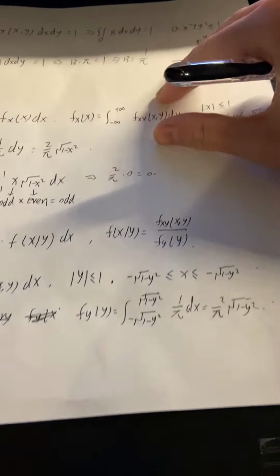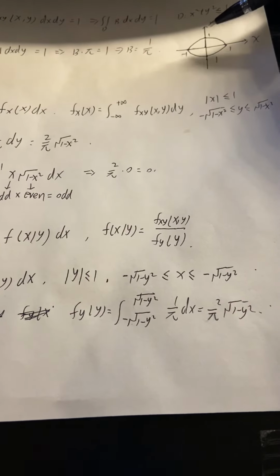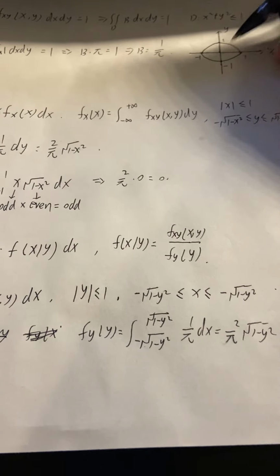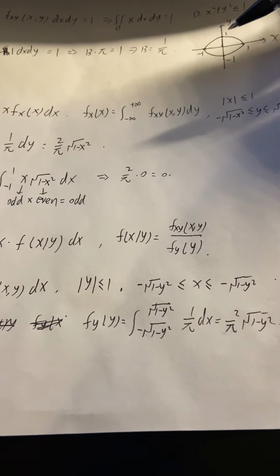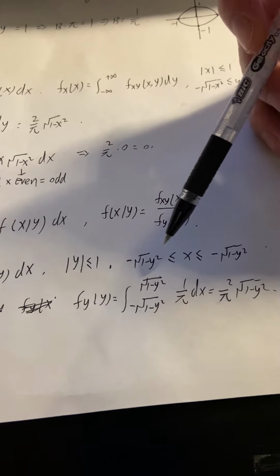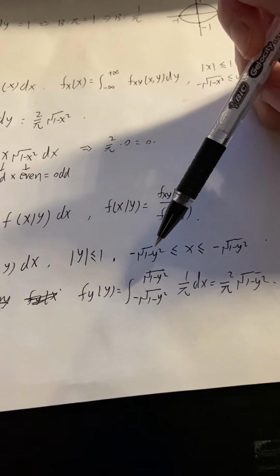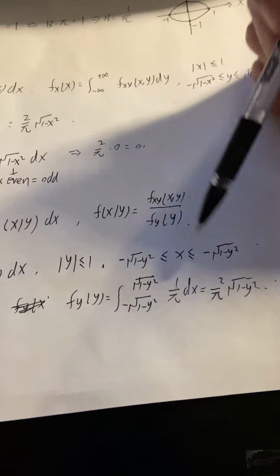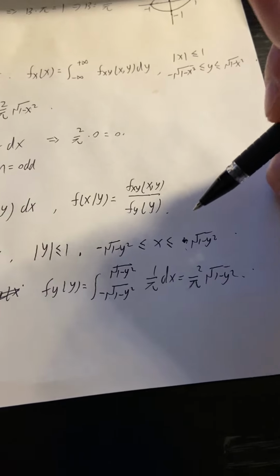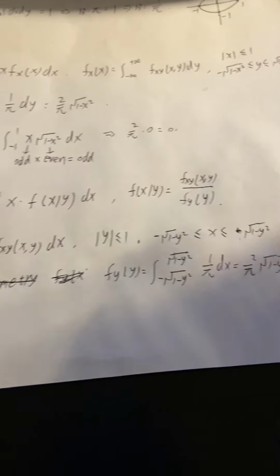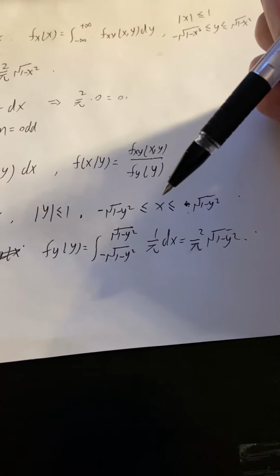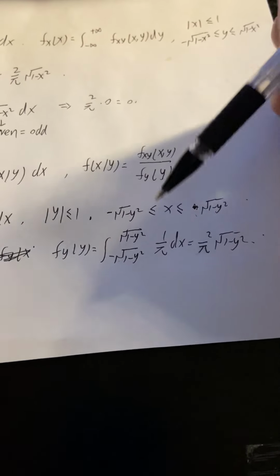We can note from the region, y is between -1 and 1, and x is between minus the square root of 1 minus y squared and the square root of 1 minus y squared, because it is symmetric.